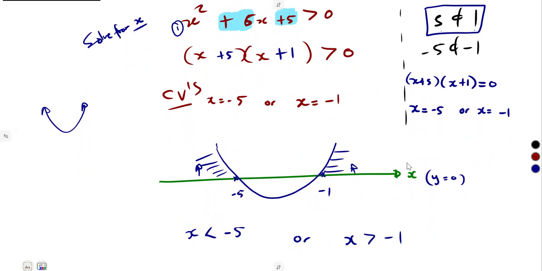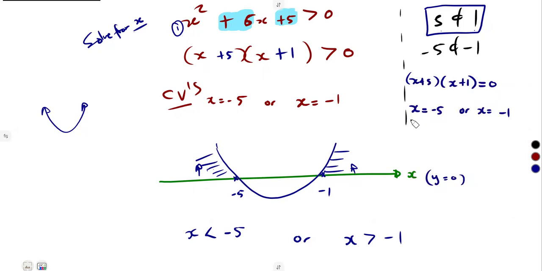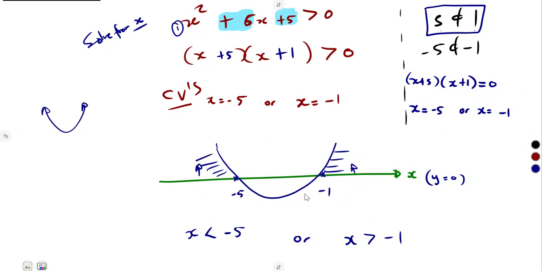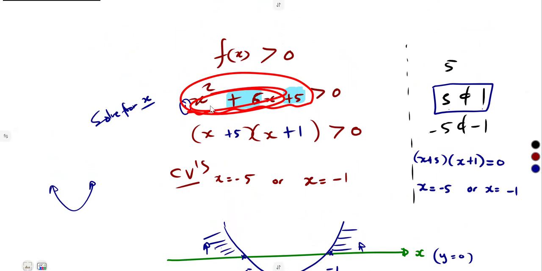So I want us to go back here. You were representing your function like this. This whole part, x squared plus 6x plus 5, is representing our function f of x.